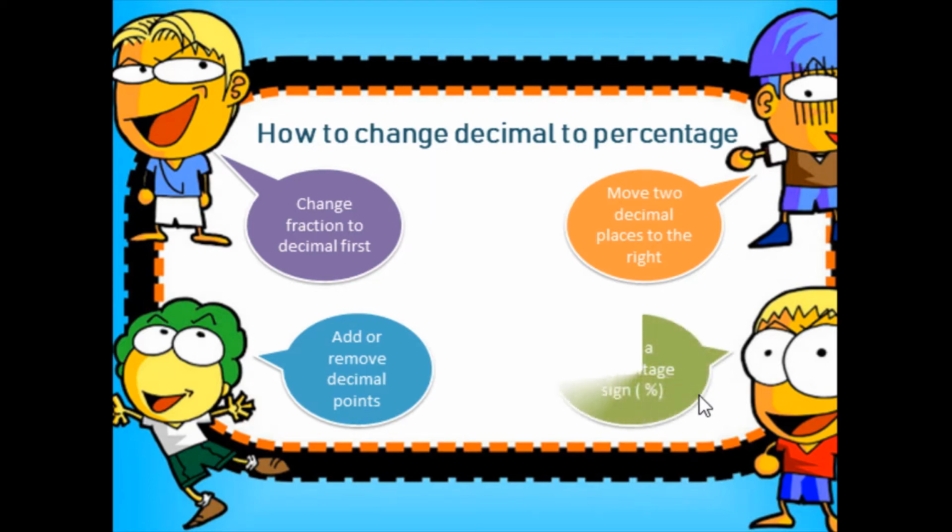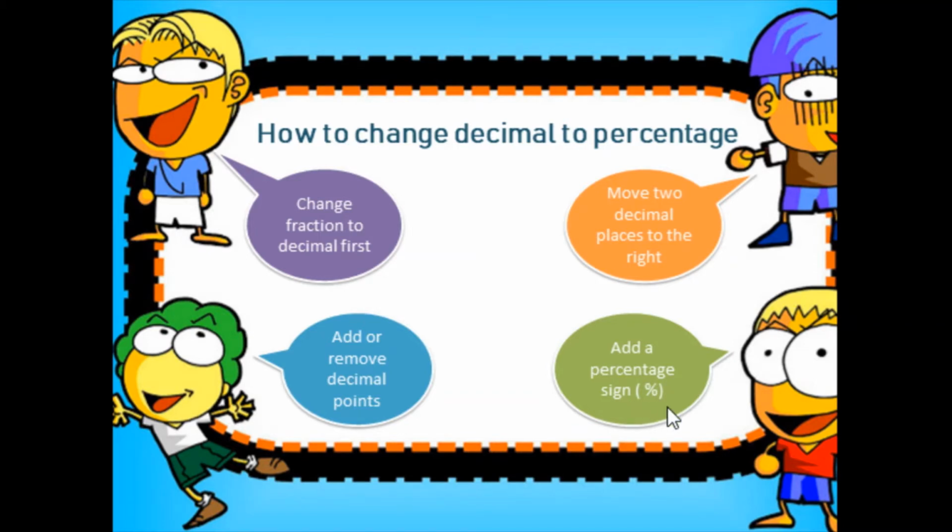Lastly, the most important step of all, because you cannot call it a percentage if not for this step. Step 4: add a percentage sign or symbol, like this one. You always have to put a percentage sign at the end of a number to specify that it is a percentage number, because a normal number is different from a percentage one.